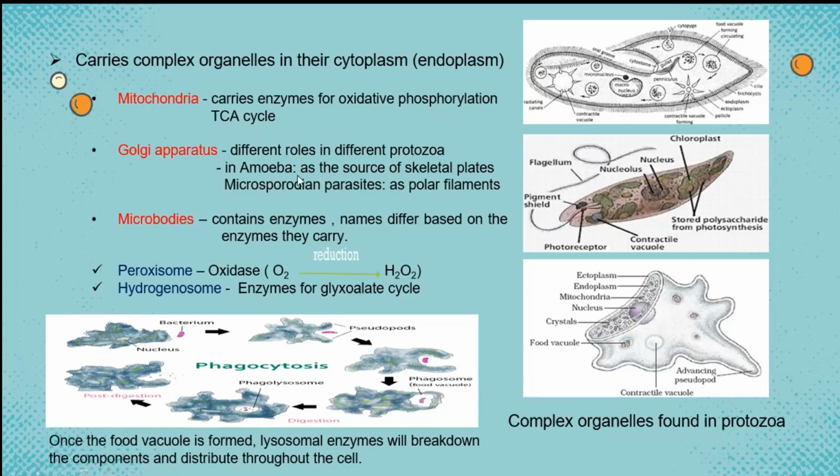In amoeba, it is a source of skeletal plates, and in microsporidian parasites, polar filaments. For microbodies, they contain enzymes. The name differs based on the enzyme they carry, for example, peroxisomes and hydrogenosomes.